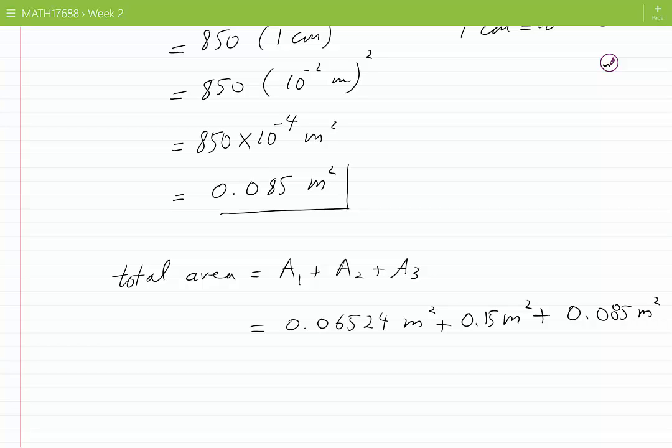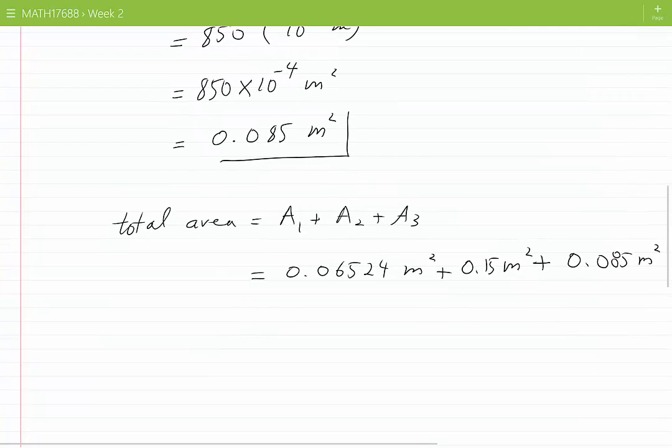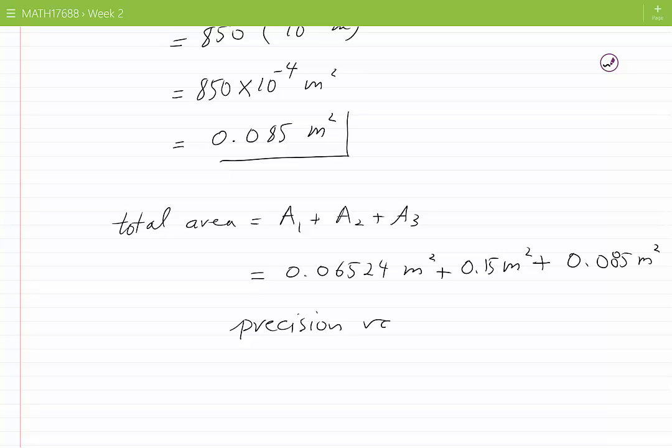Since we are simply adding these values, we should pay attention that what really matters is the precision rather than accuracy. Therefore, we should consider the decimal places in order to determine the precision of the final answer.